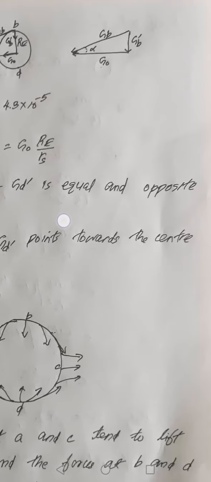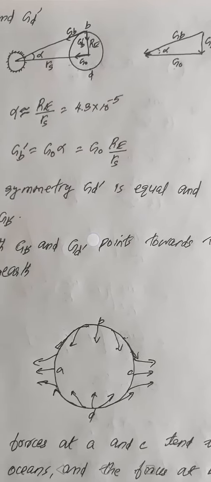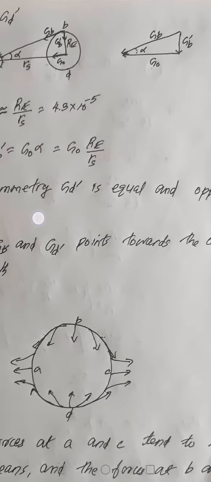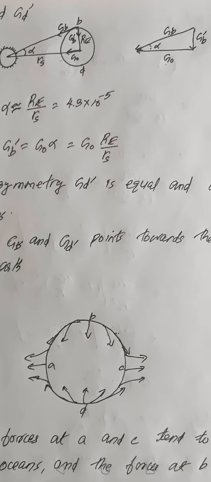I have taken the same angle alpha. Therefore GB prime is G0 into alpha, that is G0 into RE by RS. Therefore GB prime is G0 into RE by RS.